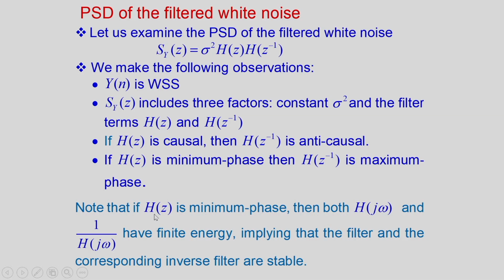Note that if H(z) is minimum phase, then both H(j omega) and 1 by H(j omega) have finite energy, implying that the filter and the corresponding inverse filter are stable. So, that is the importance of minimum phase system. Not only filter is stable, but its inverse filter is also stable.